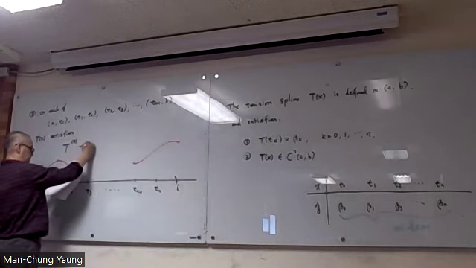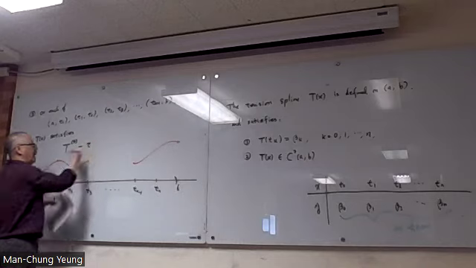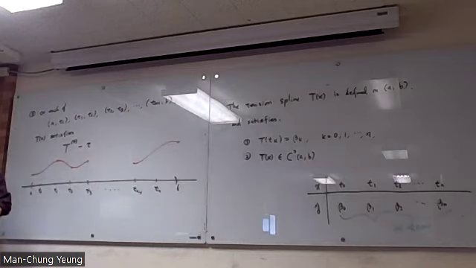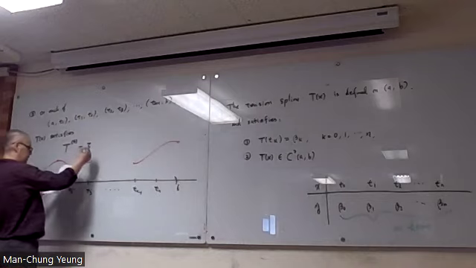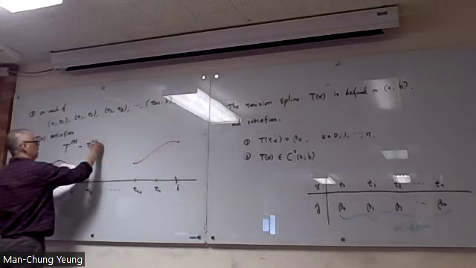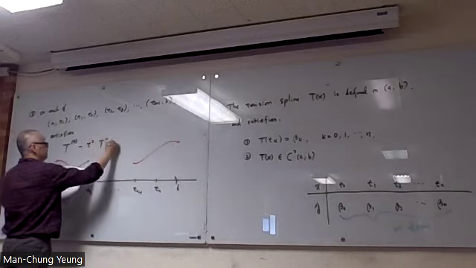minus tau, some parameter, tau squared times T second derivative is 0.